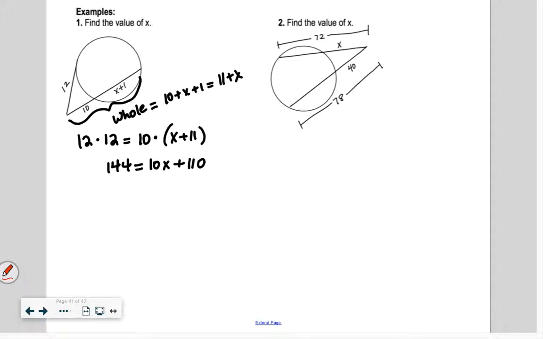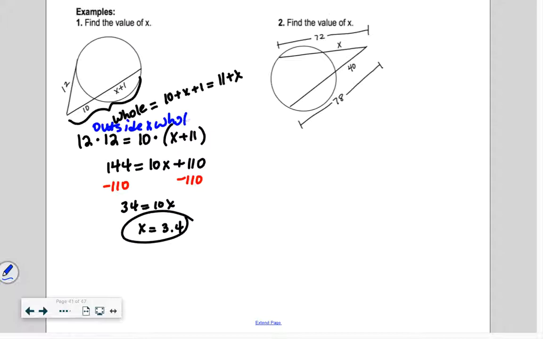We subtract the 110 from both sides. So we get 34 equals 10x. So x is equal to 3.4. That's our answer. So be careful. Remember, outside times whole equals outside times whole.